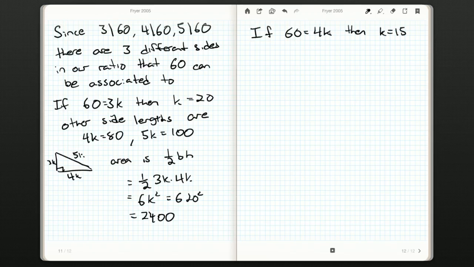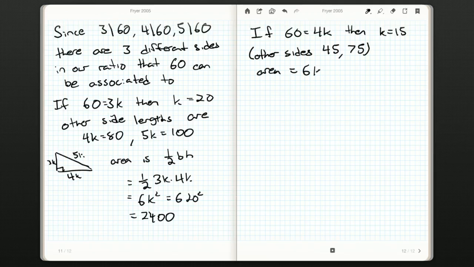If we take a look at another one, if 60 is the 4 side, the side associated to 4 in our 3, 4, 5 triangle, we get k is equal to 15. We don't need to get the other sides, but we could work them out. 45 and 75.